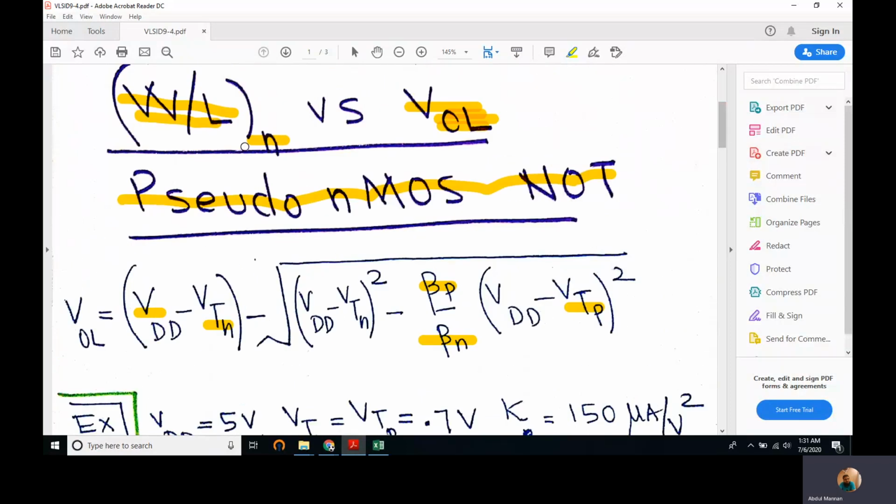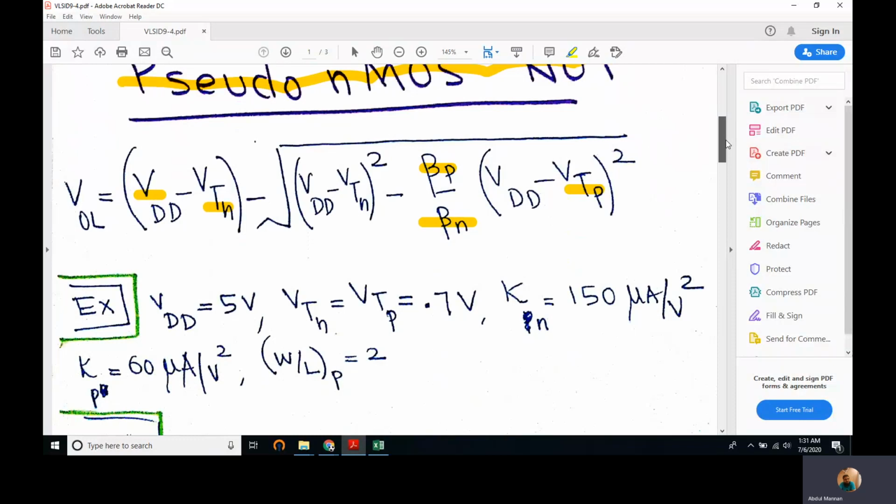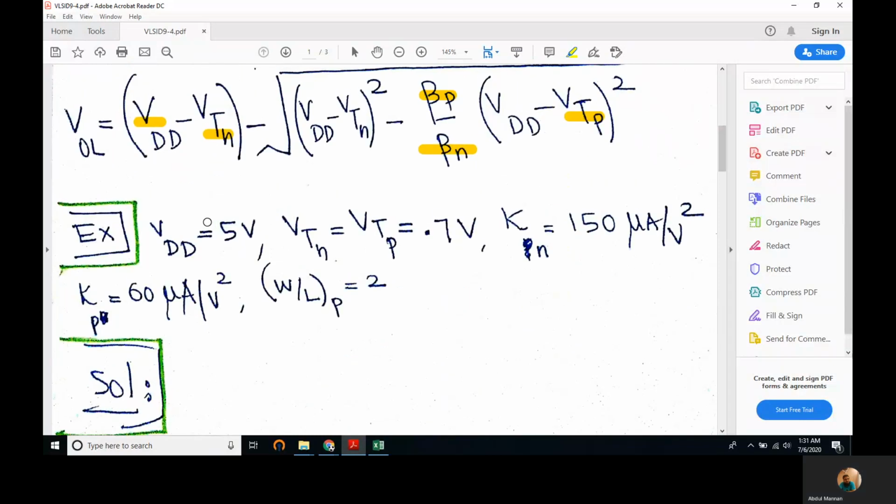In order to see what is the effect of increasing aspect ratio of N over VOL, we keep everything else fixed. We keep VDD 5 volts, VTN and VTP both 0.7 volts, kappa N 150 microampere per square volt, kappa P 60, and even the aspect ratio of the PMOS transistor that is always on is also fixed.